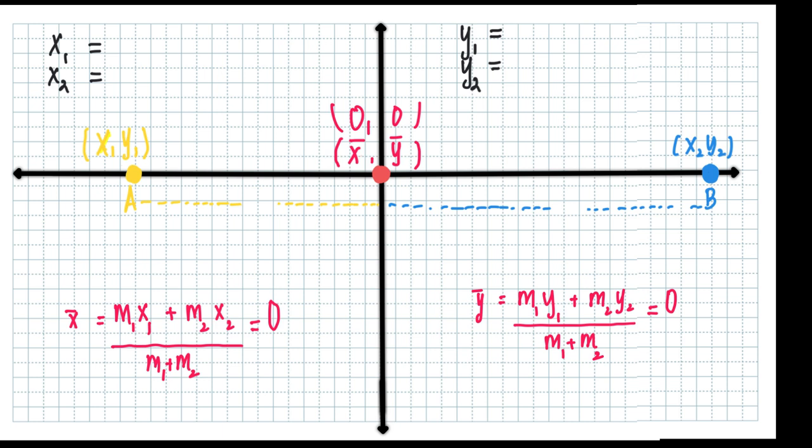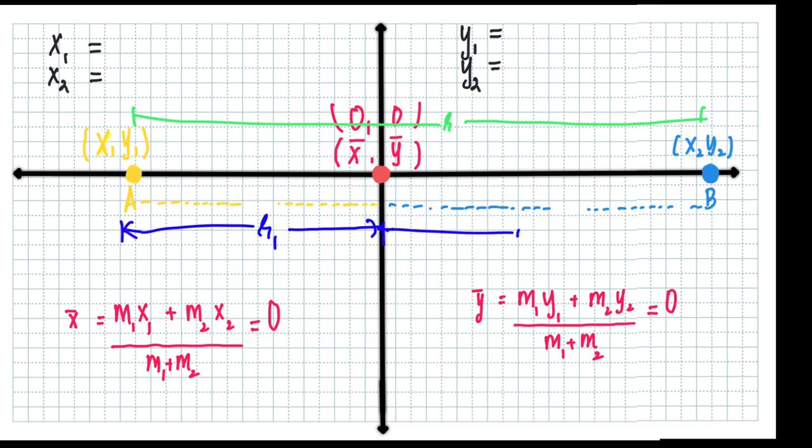Now since both of them are kept at a distance r, let me introduce another variable to differentiate this. So let us say r1 is the distance between the center of mass and A. r2 is the distance between the center of mass and B. In which case, what is x1? x1 is r1.